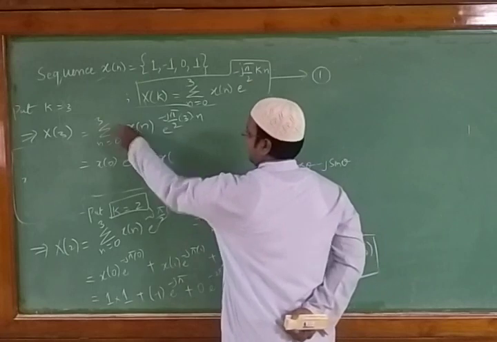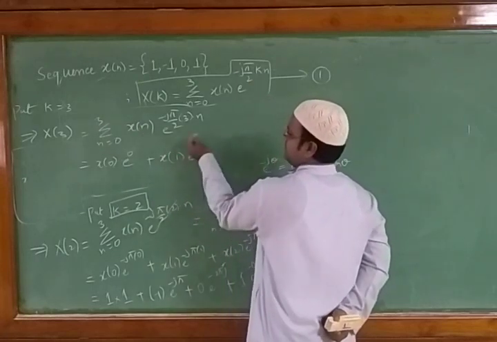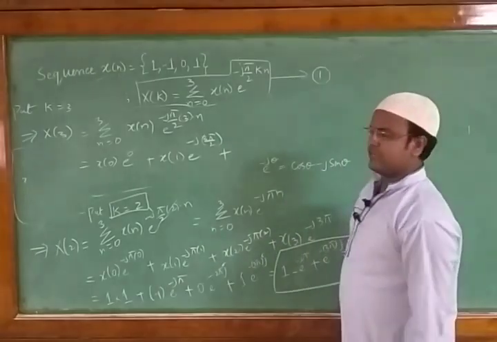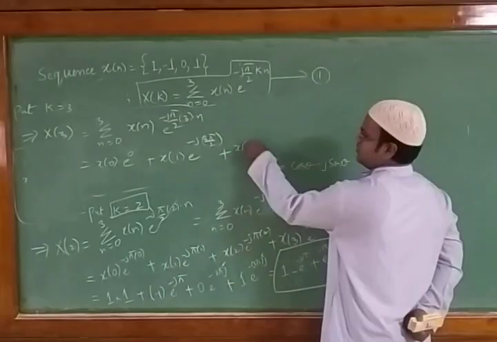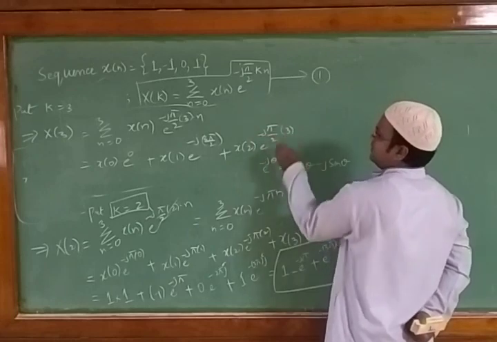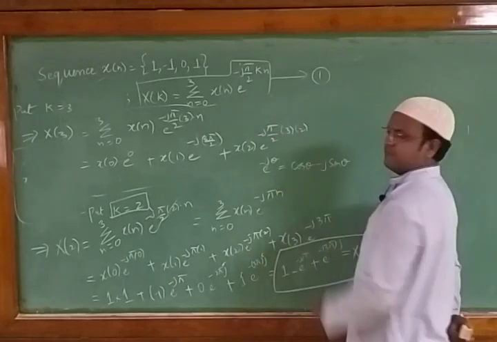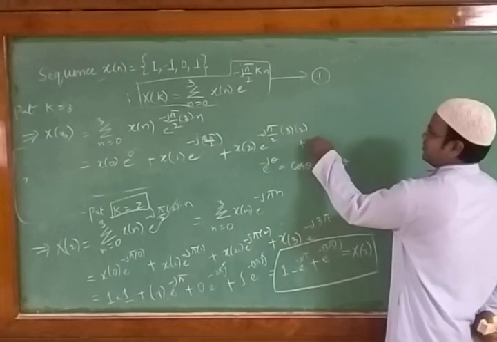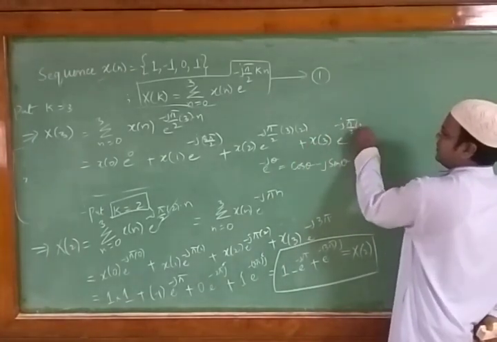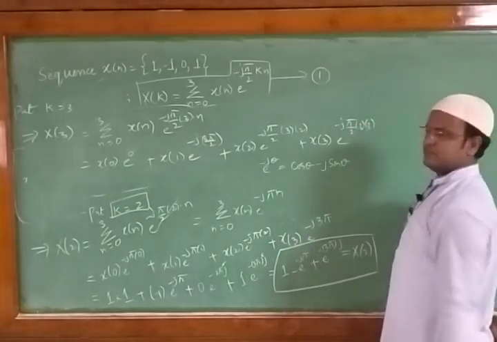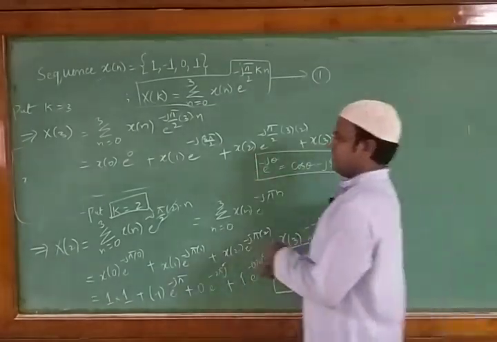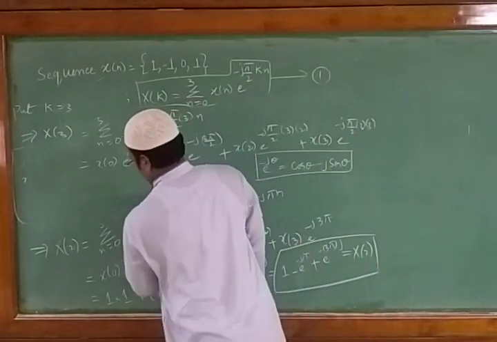Similarly, second one, x of 1 e power minus j 3 pi by 2, plus next number put n equals to 2, x of 2 e power minus j pi by 2 of 3, that is as it is, we are putting 2 there, plus x of 3 I can write as e power minus j pi by 2 3 into 3. Clear? So this we know, this thing we keep as it is. We'll write this remaining value.